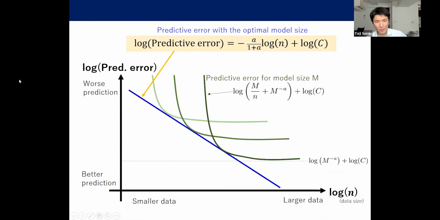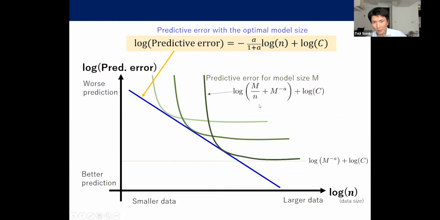Okay, and this is an illustration of this very simple analysis. The log of the predictive error is given by minus some constant times log n plus a constant. So that can be depicted like this. The horizontal axis is the log n. The vertical axis is the log of the predictive error. We see this linear envelope.